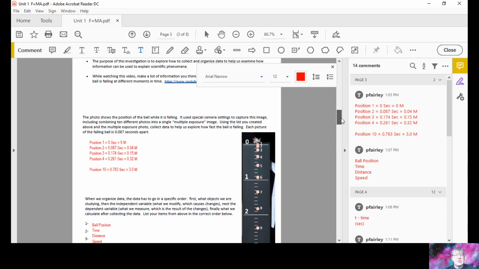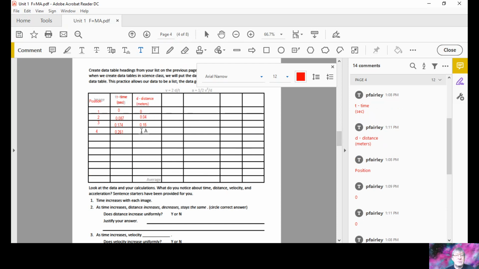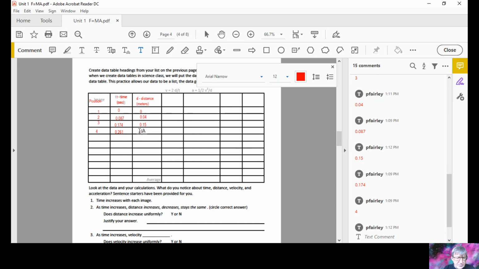What was my next measurement? 0.32 meters. That was position 4, huh? Right there. I think I used a comma. There we go. 0.32 meters. All right. There it is.